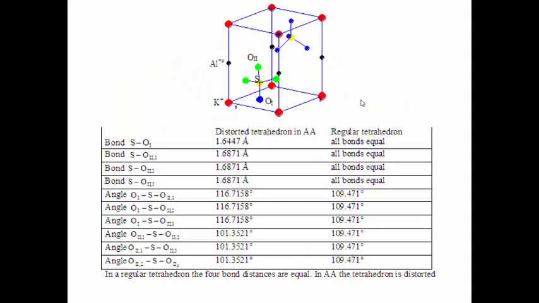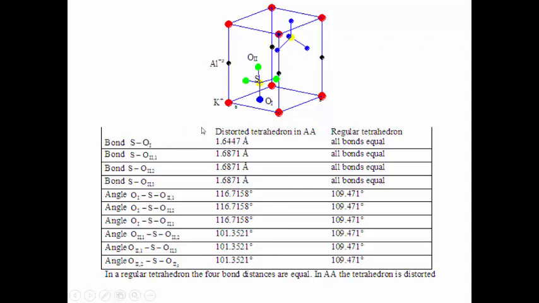Okay, now we can see that the tetrahedron is slightly distorted. A regular tetrahedron would have the bonds all equal. You can see there's a difference here.